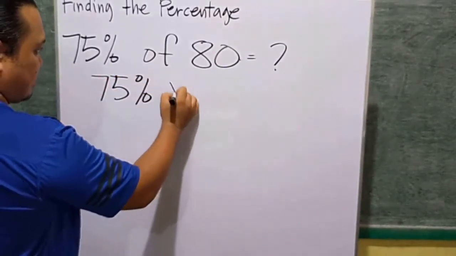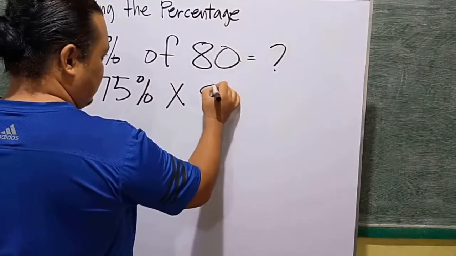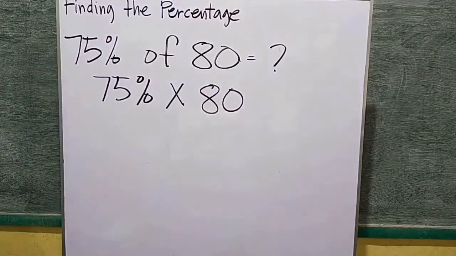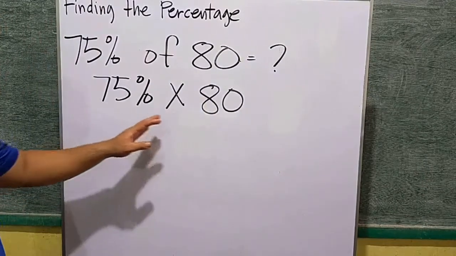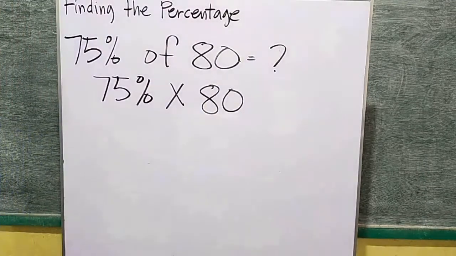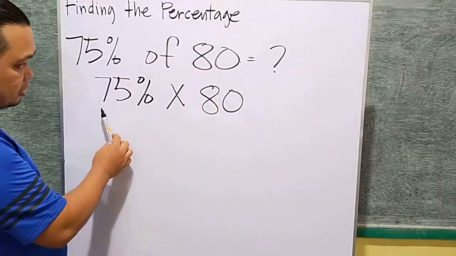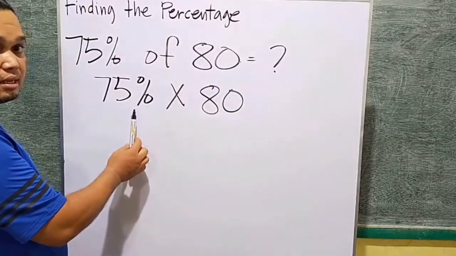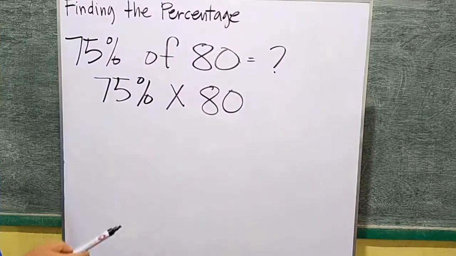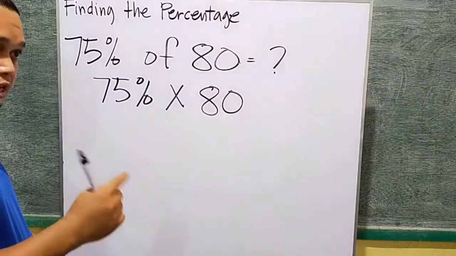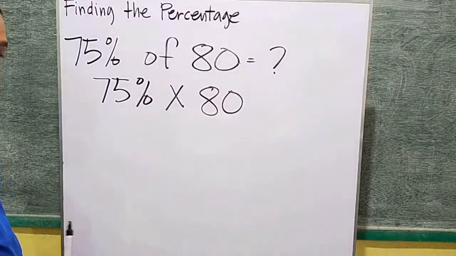75% times 80. So we are now multiplying a percent by a whole number. How do we do that? Let's change the percent into a decimal number first. We have a lesson for changing percent into a decimal number. How?